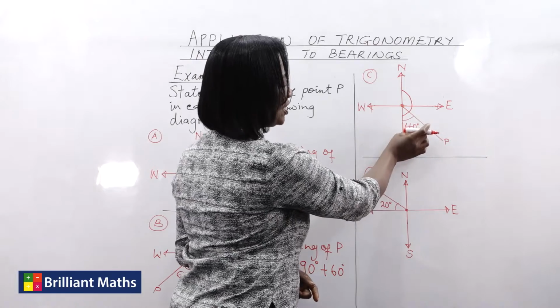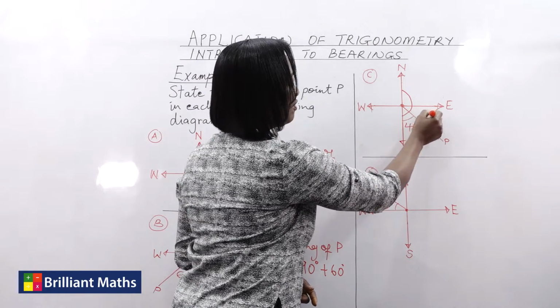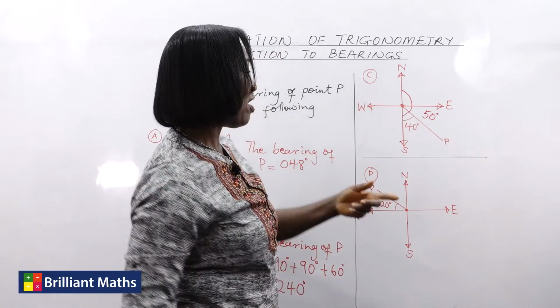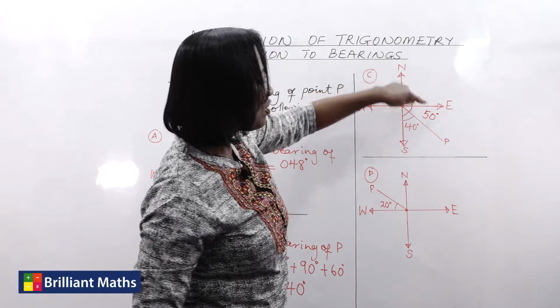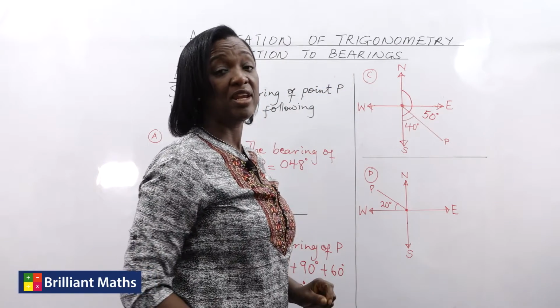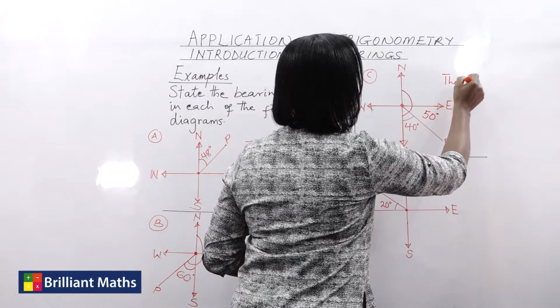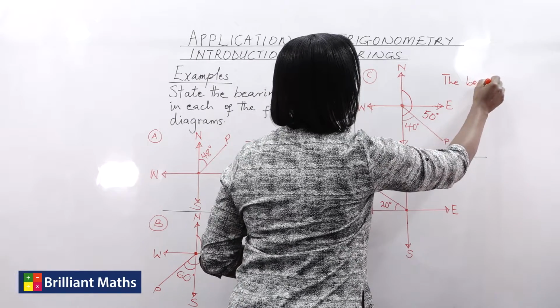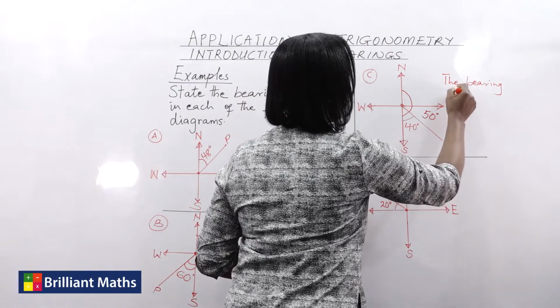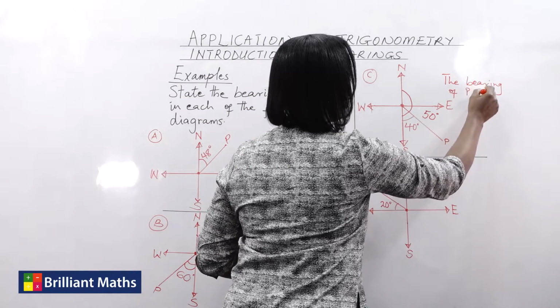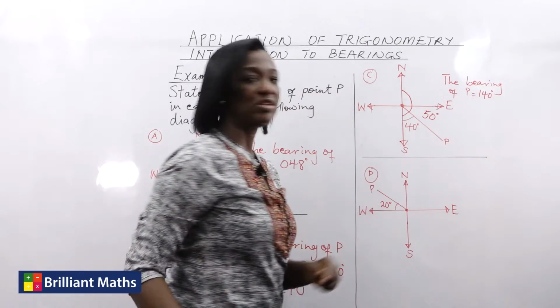So if this is 40, then this is 50 degrees. So the bearing will be 90 degrees plus 50 degrees, making it 140 degrees. The bearing of P is equal to 140 degrees.